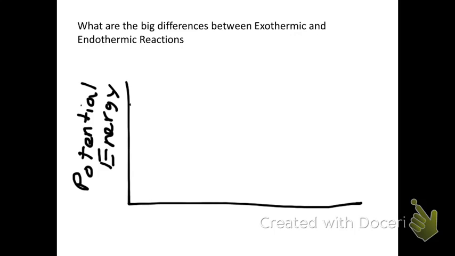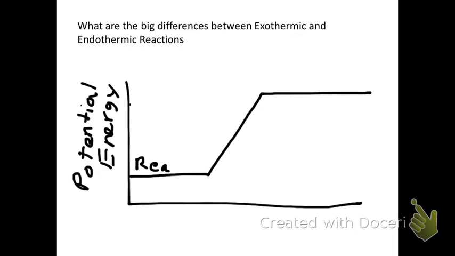An endothermic is simply going to be almost the opposite, where we start out with the reactants at low potential energy, and the products at higher potential energy. Well, how did this happen? Obviously the reactants had to absorb some energy and transfer it into potential energy. So the products have more potential energy.